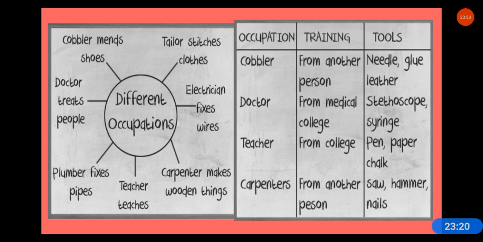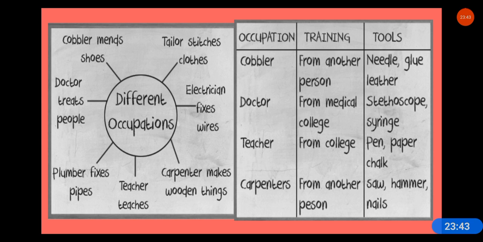Cobblers get training from another person, either from the family or outside the family. They need tools such as needle, glue, leather, etc. Doctors get trained in medical college, they study in medical college, and they use stethoscope and syringe and other tools.